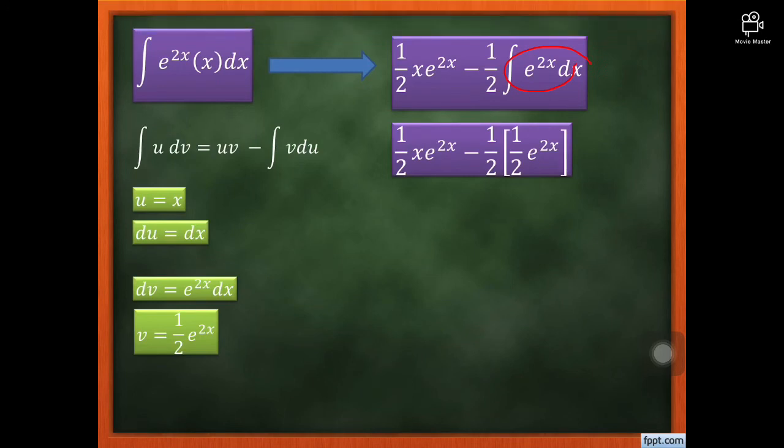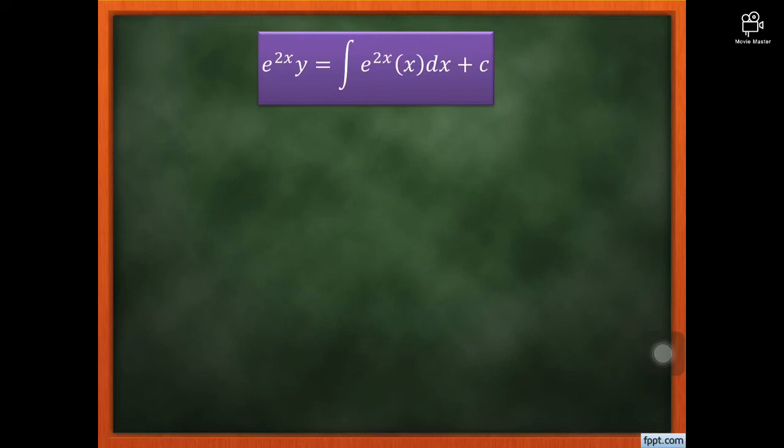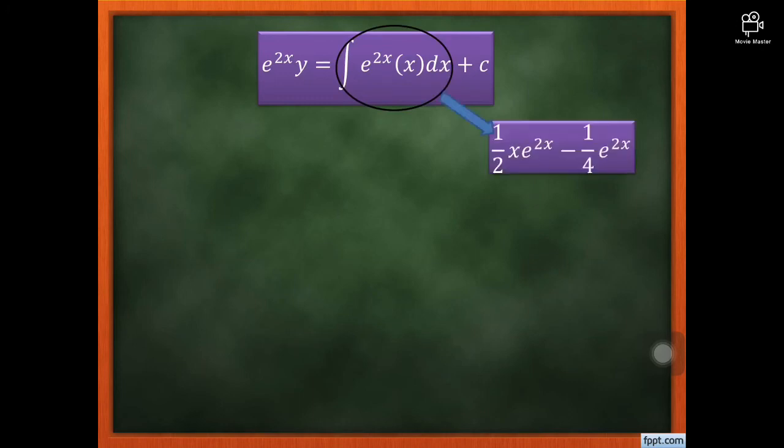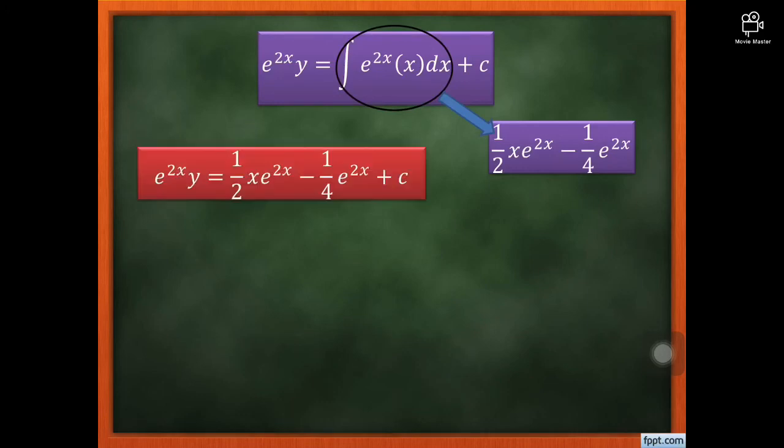And that gives you the final answer, that the integral of x e raised to 2x dx is equal to 1/2 x e raised to 2x minus 1/4 e raised to 2x. So, after that, we go back to the equation, and then we know that the integral of e raised to 2x times x dx is equal to 1/2 x e raised to 2x minus 1/4 e raised to 2x. So we substitute that.